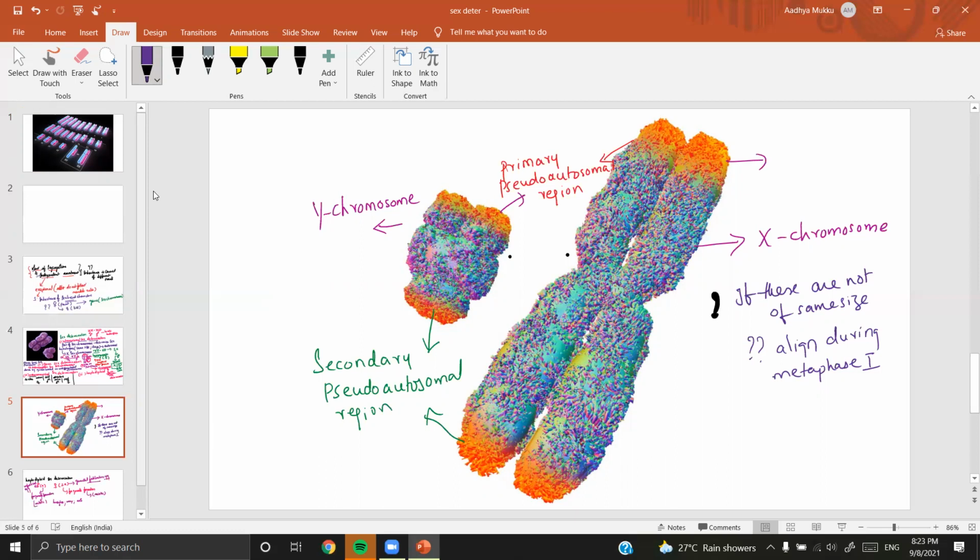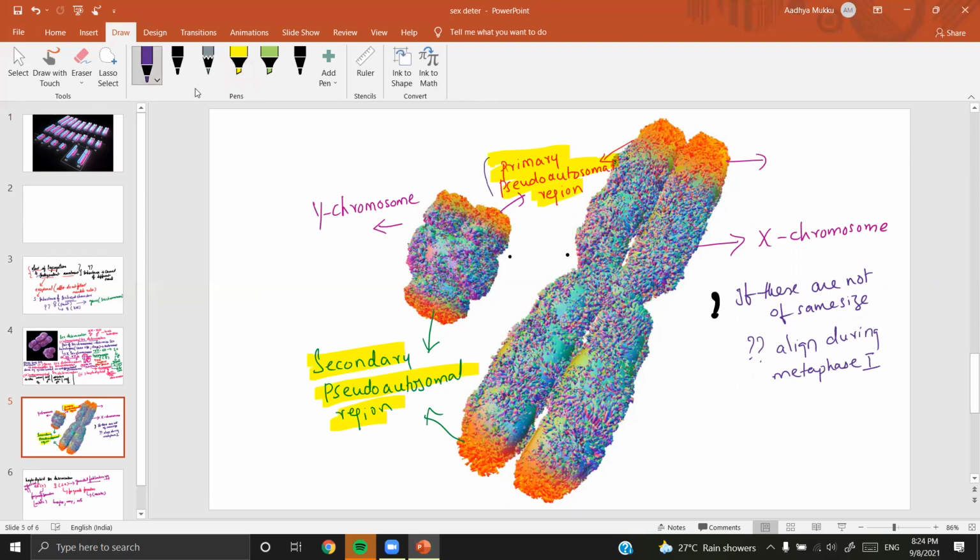Actually, this happens because they align in the primary pseudo-autosomal regions as well as the secondary pseudo-autosomal regions, which are very much identical. Remember that X and Y chromosomes are homologous only in this section. Got it, children?